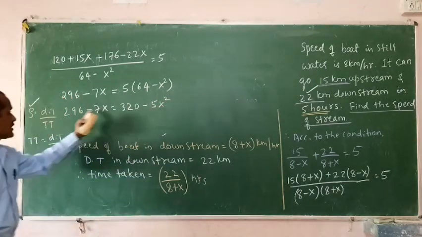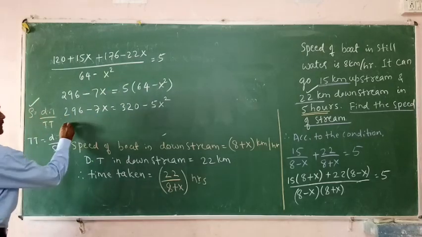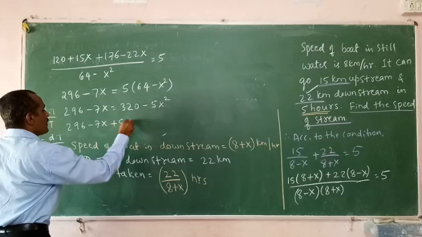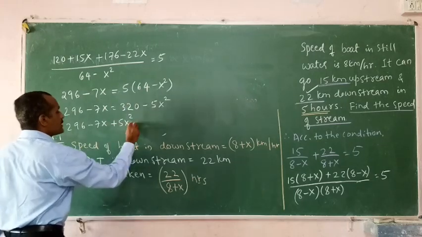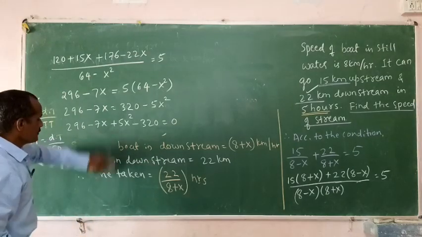Since x square is the highest degree and it is negative, I will bring both to the LHS. 296 minus 7x plus 5x square minus 320 is equal to 0.